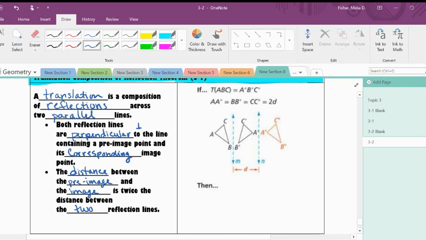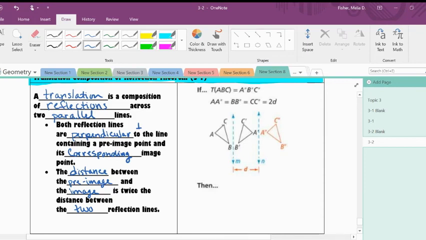So let's explore what this just said. A translation is a composition of reflections across 2 parallel lines. That's what we just did. Over here, step 1 would have been flipping it over to the orange picture on the right, and step 2 would have been flipping it back to the middle. So the distance between those parallel lines, M and N, was created across.